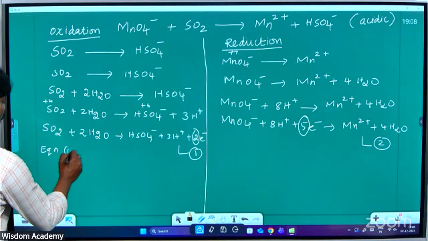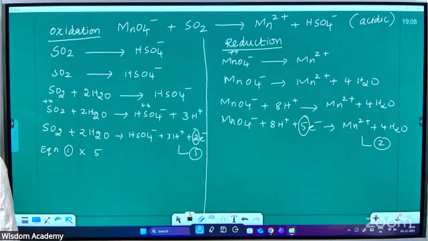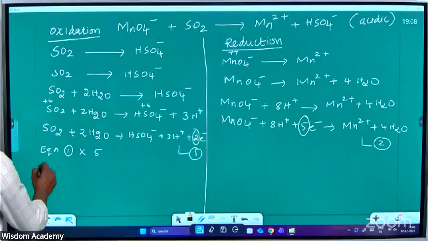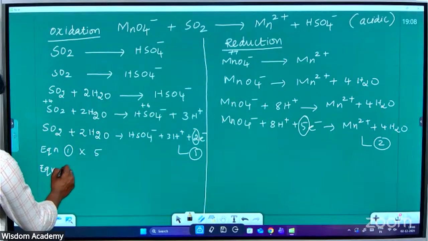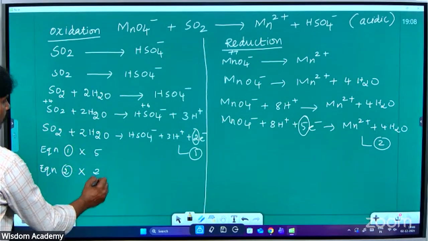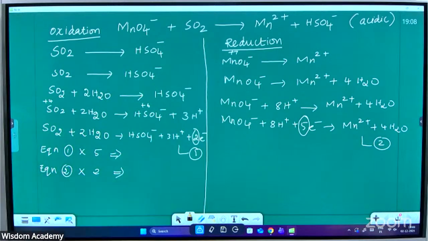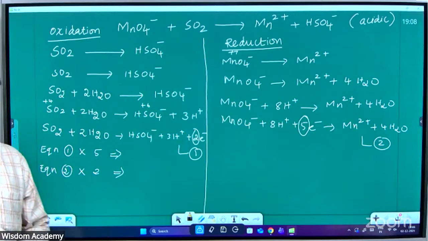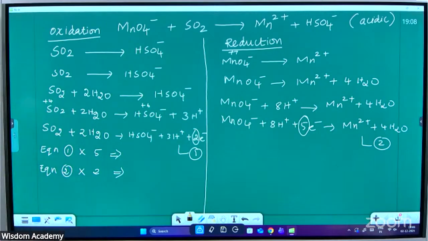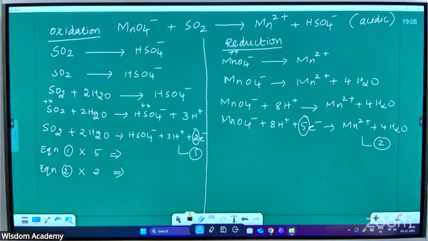Equation 1 multiplied by 5 and equation 2 multiplied by 2. Finally, you just add the 2 half reactions, you will get the complete balanced redox reaction. Clear? Check the atoms on both sides, number of atoms.